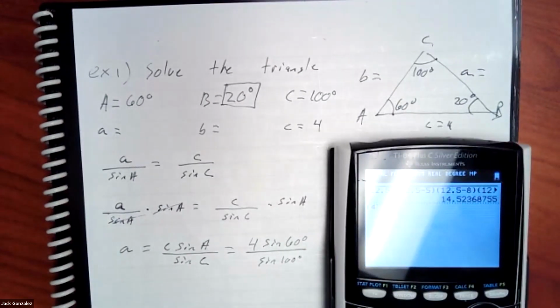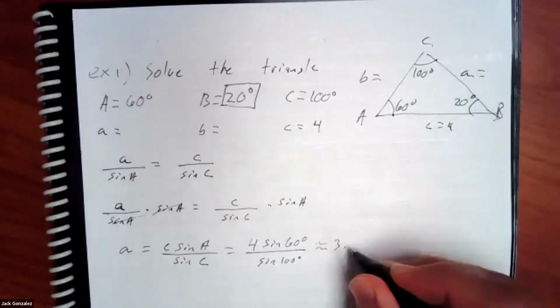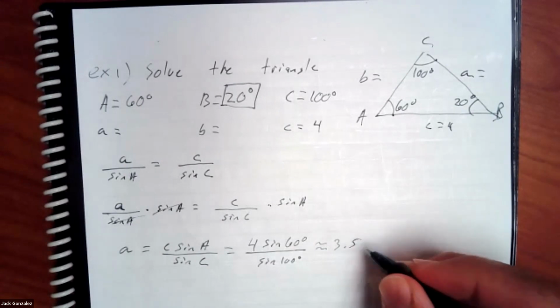So 4 sine 60, parentheses for the top, divided by parentheses on the bottom. Looks like a is approximately 3, I'm gonna round to one decimal place, 3.5.